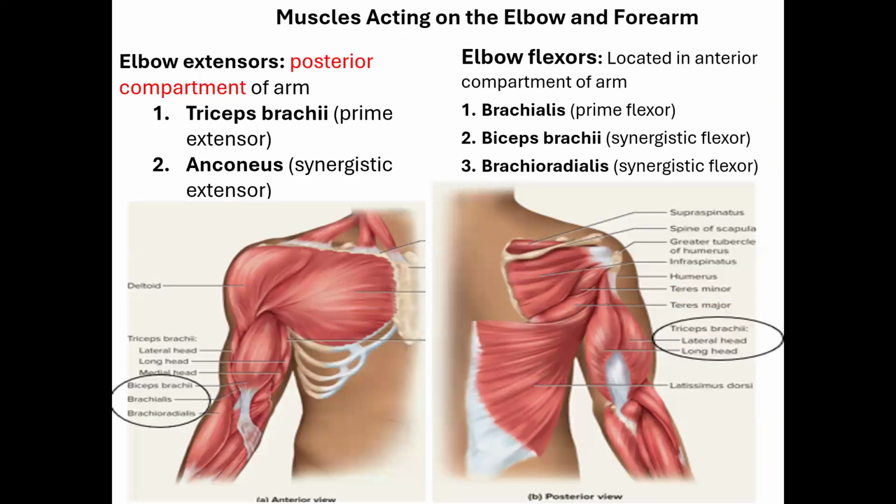And the muscles acting for extension, which is the main muscle, extending the elbow, is the triceps. The triceps is the prime extensor, okay? And if you're in anatomical position, you'll see that's in the posterior compartment. The posterior compartment causes extension.